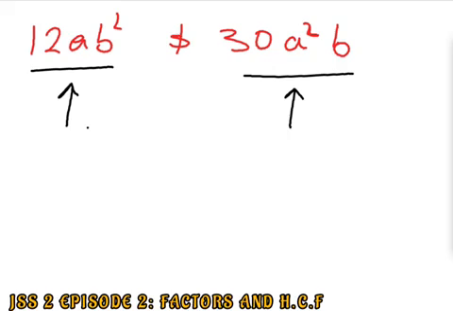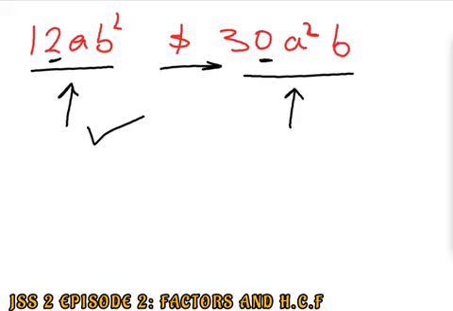Of course, the smallest is 12ab squared, because we have 12 here and 30 here. In this smallest number, we are going to look for the factor that will go into 12ab squared and give us the smallest answer, and at the same time, that factor can still go into 30a squared b.